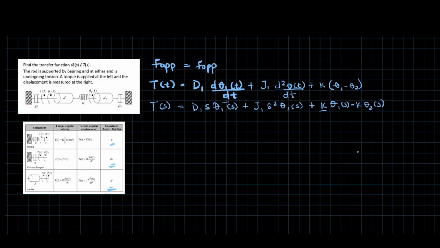So now let's focus on J2. In this case, there's no torque applied, so the only motion is done by the spring and is resisted by the inertia and the damper.